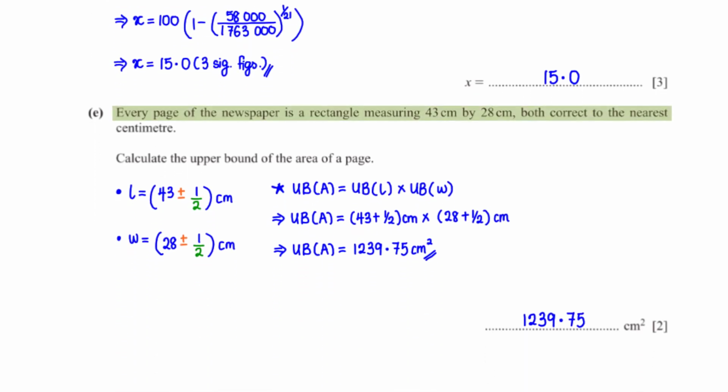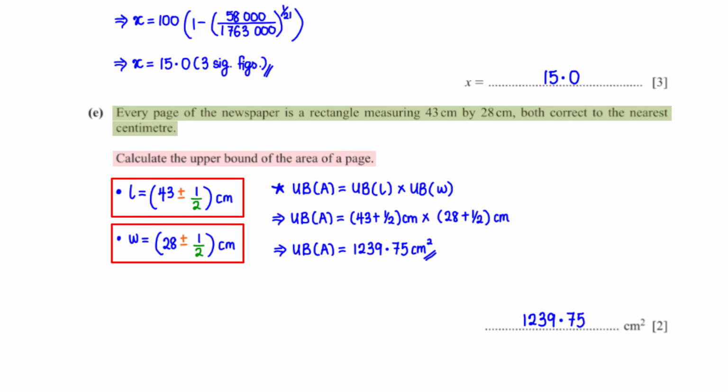Every page of the newspaper is a rectangle measuring 43 centimeters by 28 centimeters, both correct to the nearest centimeter. Calculate the upper bound of the area of a page. To correct the length and width to the nearest centimeter, we bring their dimensions, then plus and minus 1 centimeter divided by 2.